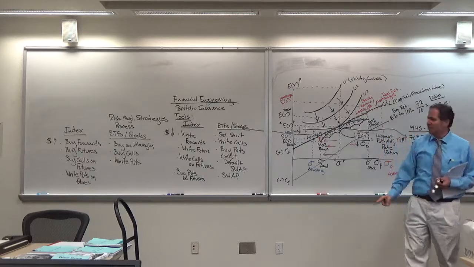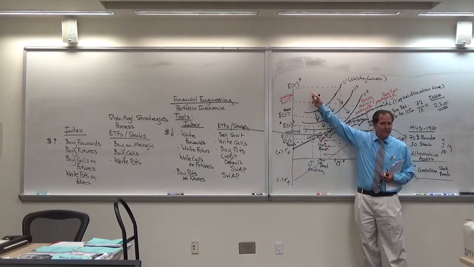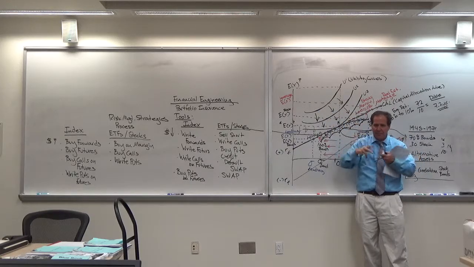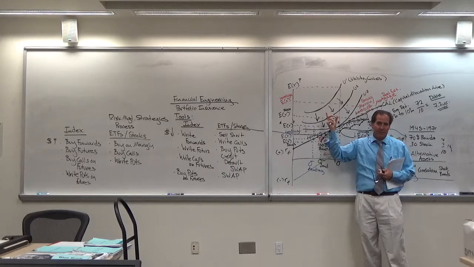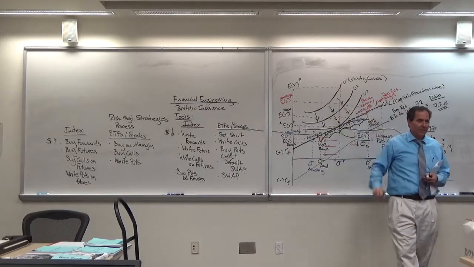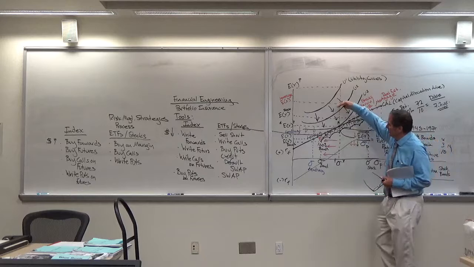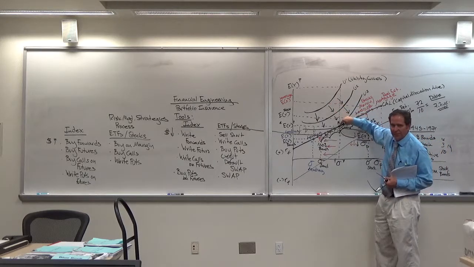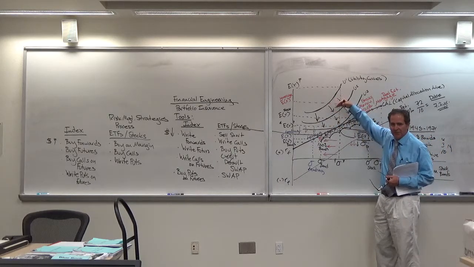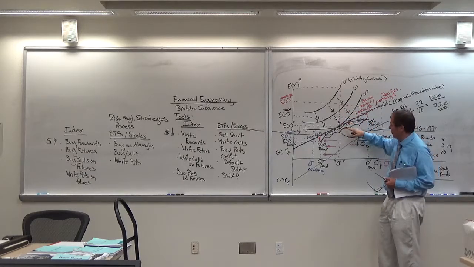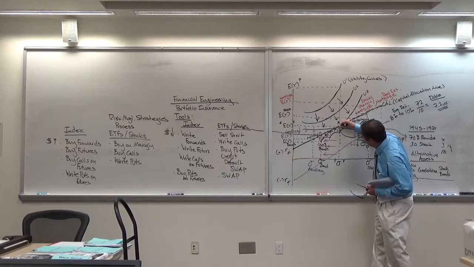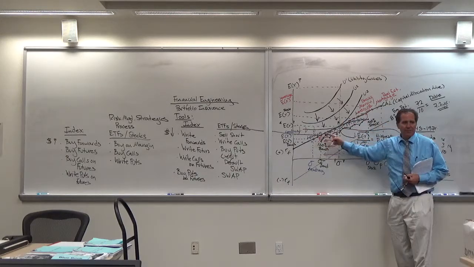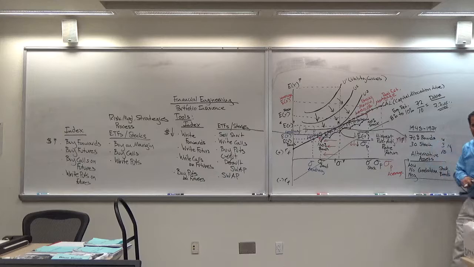But the problem is there's nothing in the marketplace that I can assemble a portfolio out of that's going to give me high return and low risk. So what investors have to do is lower their utilities. That's where these arrows come in. So they lower their utilities to the point where the utility curve is tangent to the capital allocation line. Okay, so that's the first step.